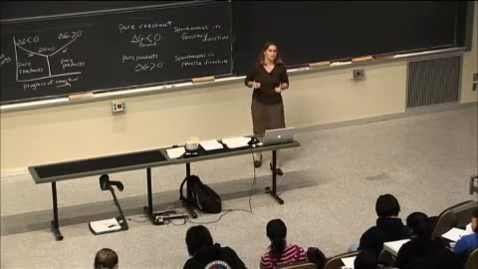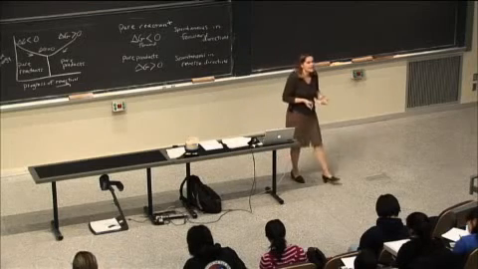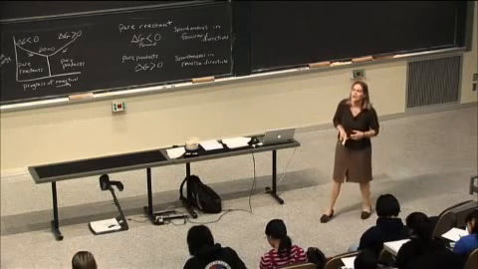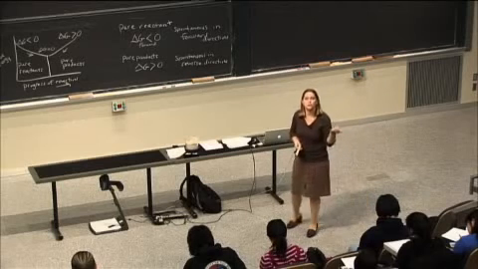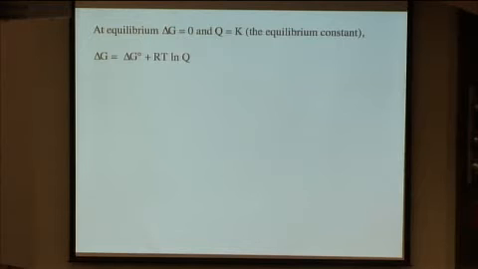So what about the equilibrium constant K? So at equilibrium, you told me that delta G equals 0. And at equilibrium, Q, the reaction quotient, equals K, the equilibrium constant. So we can consider that in terms of this expression. If we're talking about this expression at equilibrium, delta G is going to equal 0.